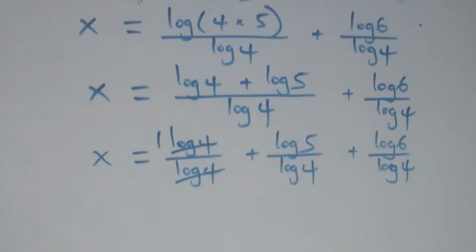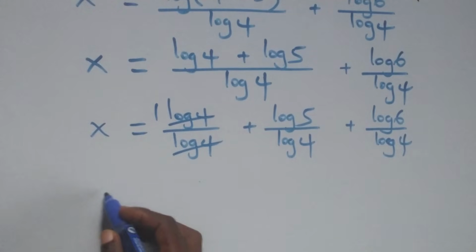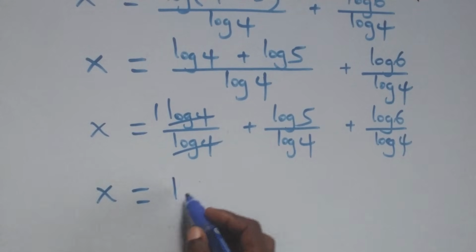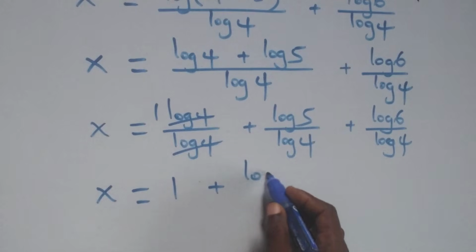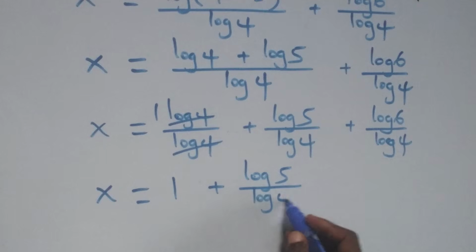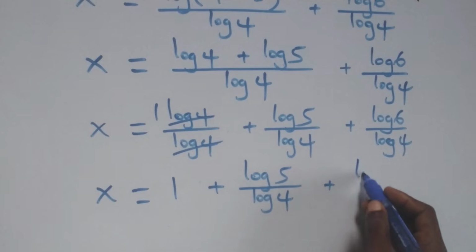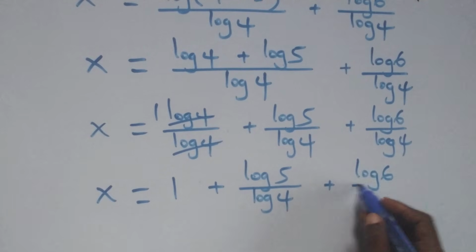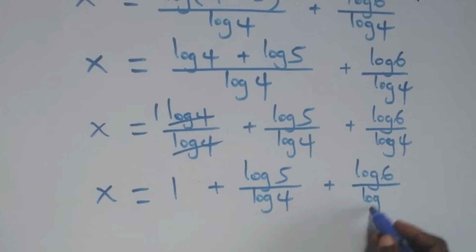We have one left. That is x now equals 1 plus log 5 over log 4 plus log 6 over log 4.